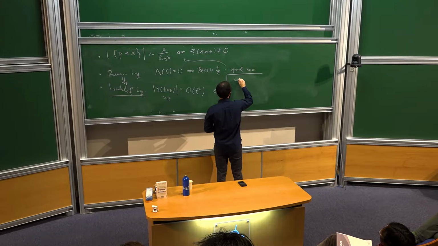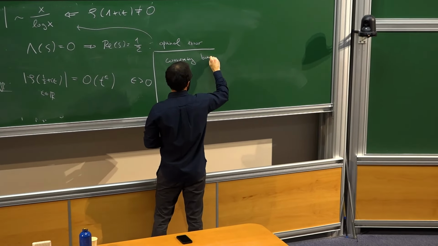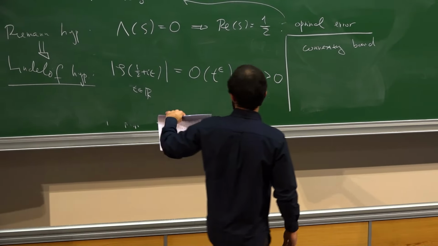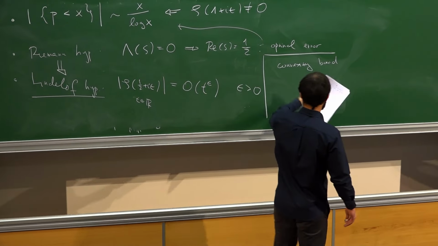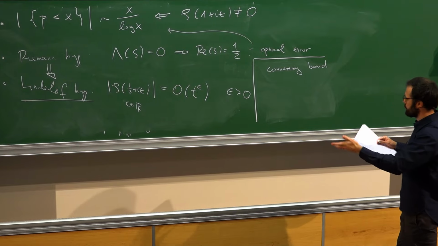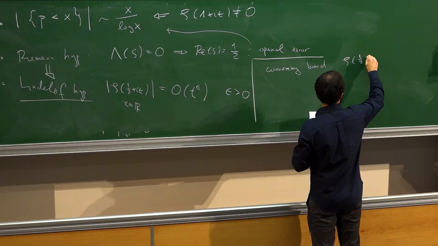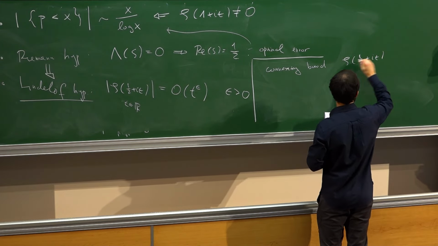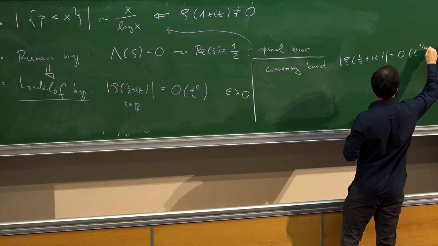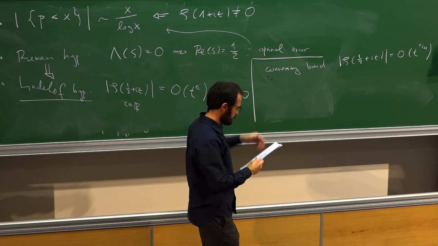There's a convexity bound, which was actually proven by Lindelöf. So Lindelöf didn't prove the Lindelöf hypothesis, but he proved the convexity bound, and that just follows from the functional equation and analyzing the properties of zeta, which is that this power is at most a quarter. So 1/4 is the same as convexity.